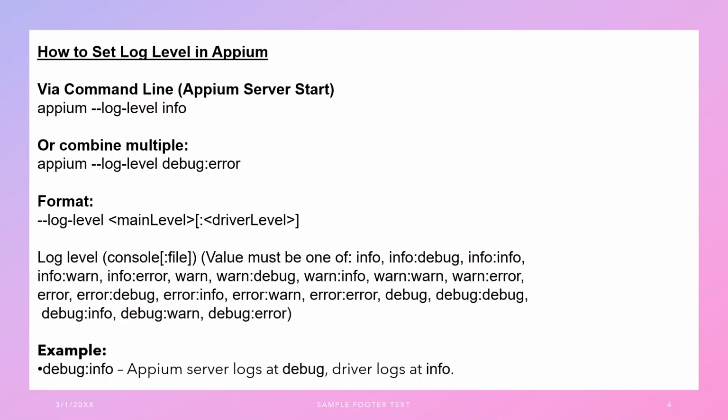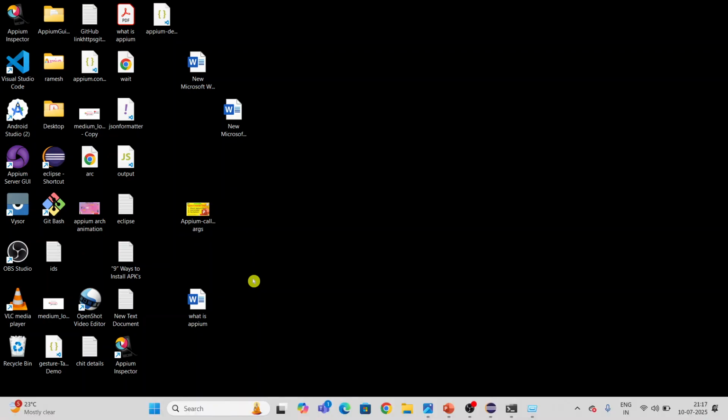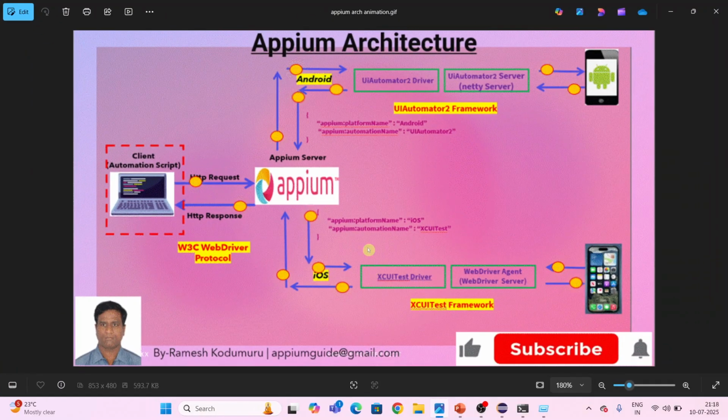First of all, I'll open the framework here. In the Appium framework, the information is sent from the client to the Appium server. From the Appium server, the information is passed on to the end device through the driver framework, which may be UiAutomator for Android or XCUITest for iOS.